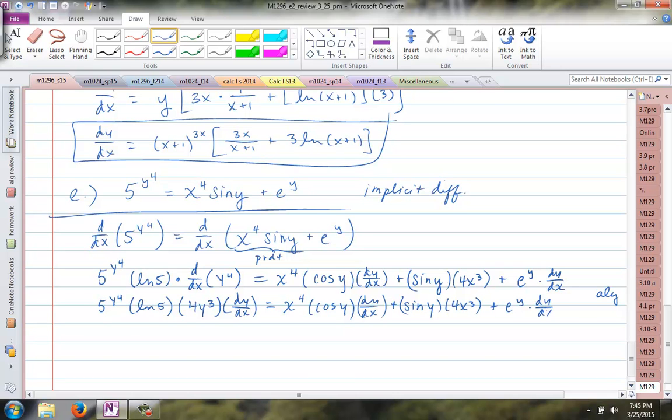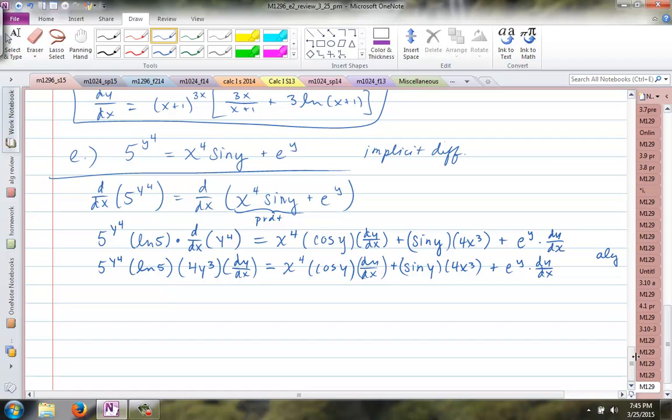I'll post these notes after we're done here too, by the way. So 3 terms. What do you guys want to do first? Okay, we got the dy over dx's on opposite sides, right? Let's get them on the same side.